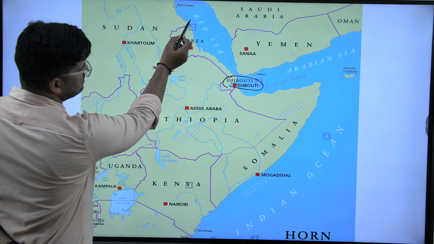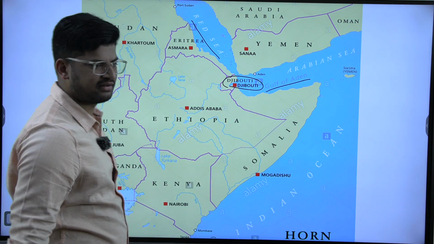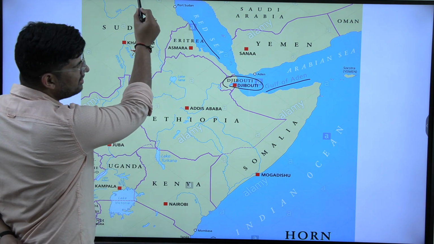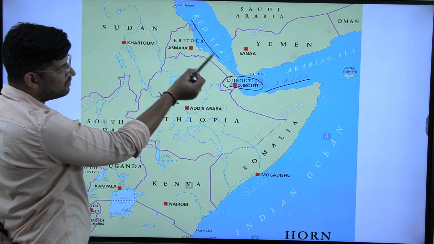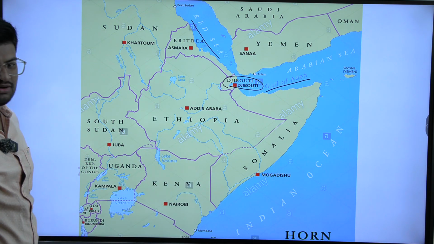This is the Red Sea, this is the Gulf of Aden. If you know about the Suez Canal, it is connected to the Mediterranean Sea. The Mediterranean Sea and the Red Sea are connected by the Suez Canal, which was dug in 1859. We will discuss that. So on the Red Sea, all the ships have to pass through the Suez Canal and through this strategic point called Djibouti.